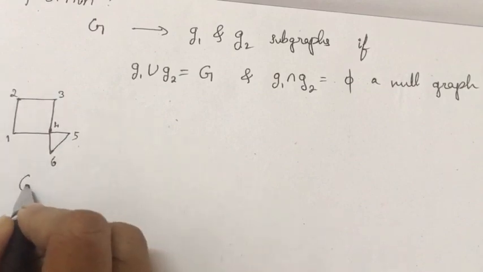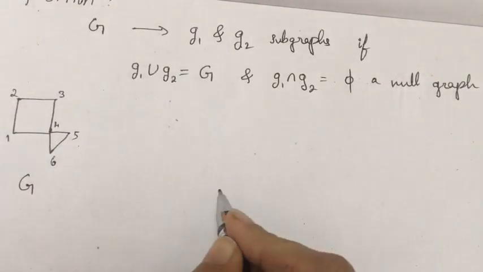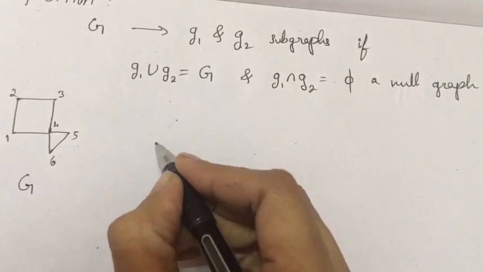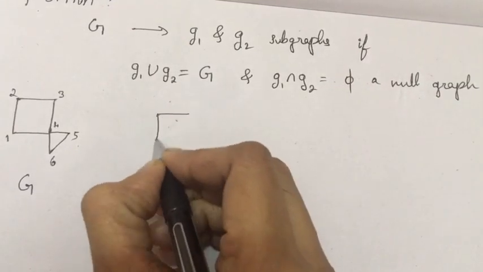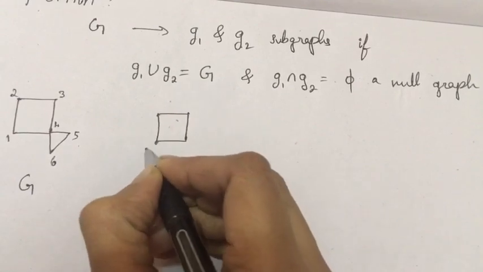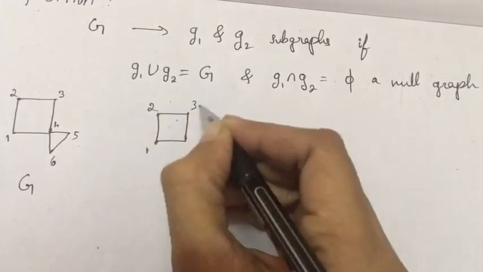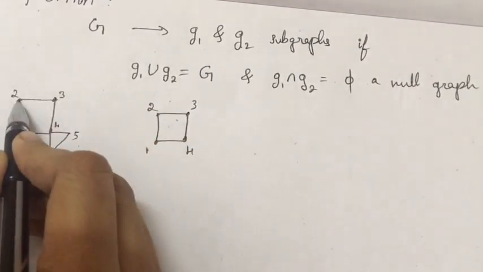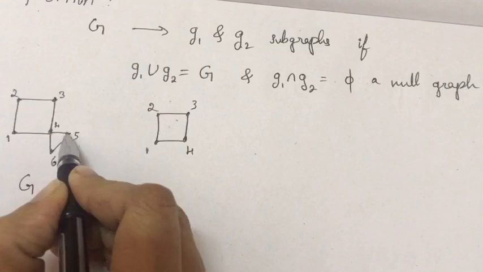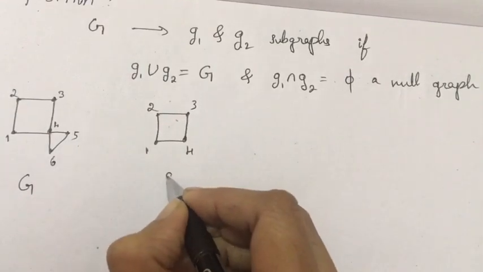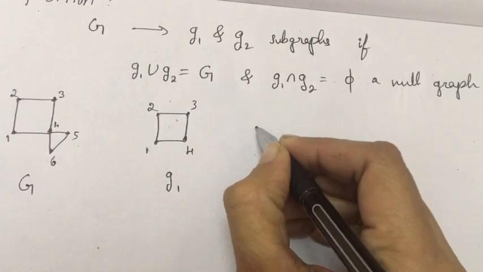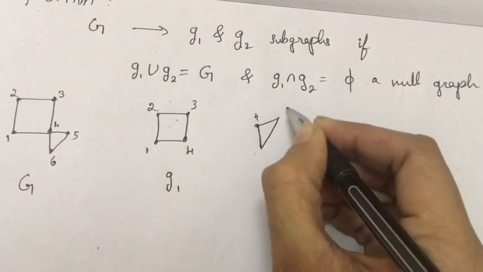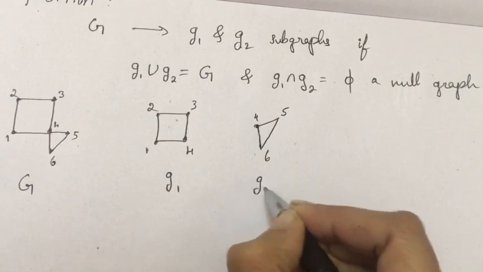Okay, this is my graph G. I'm writing its subgraphs G1 and G2. Say a simple one I'll take. 1, 2, 3, 4, this is G1 and 4, 5, 6, which is G2.